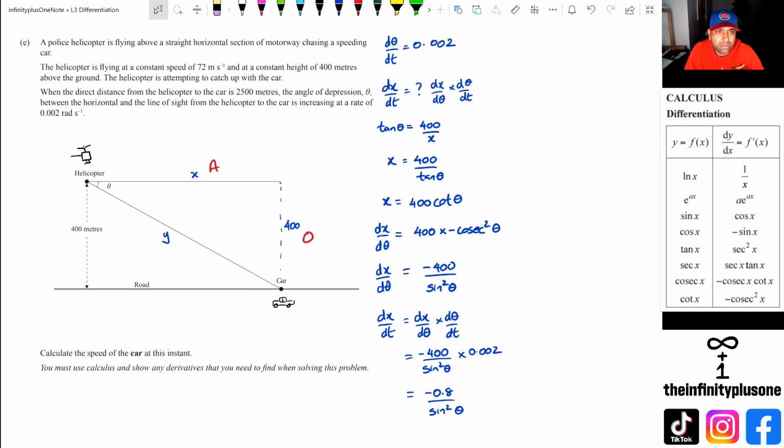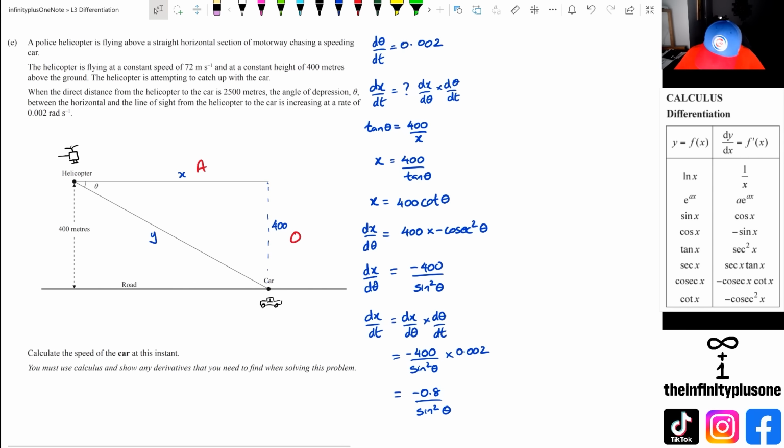It says that the direct distance from the helicopter is 2,500 meters. So we're looking at that particular moment, and we need to figure out what theta is. The triangle is going to look like this, where this side is 400, and this is 2,500.